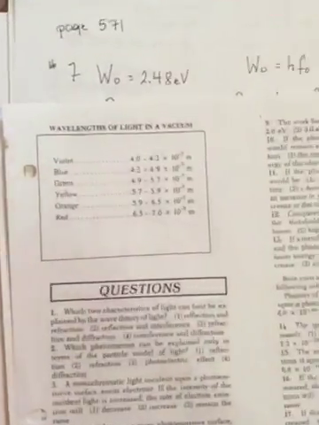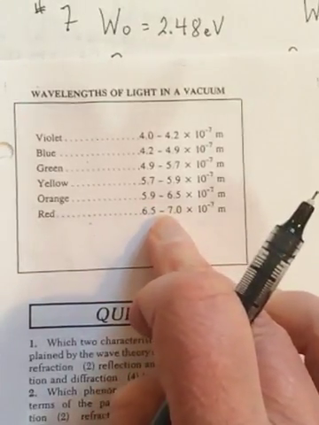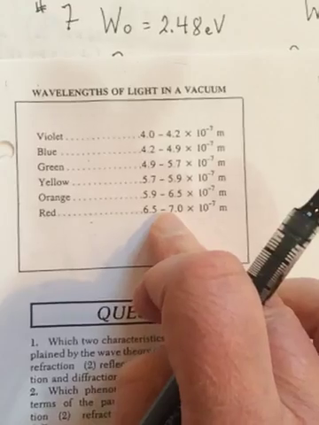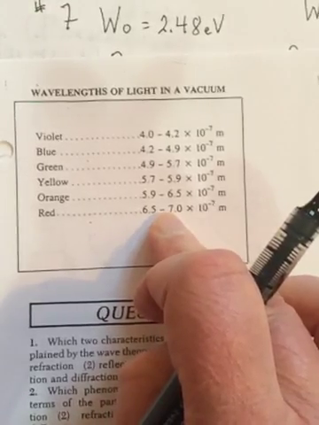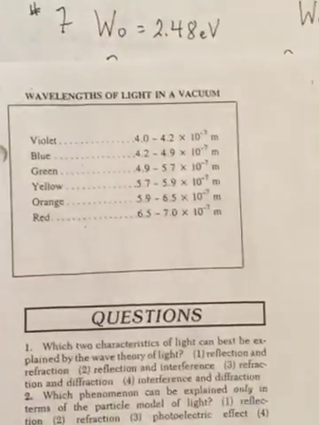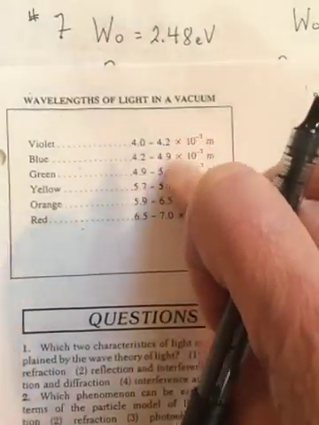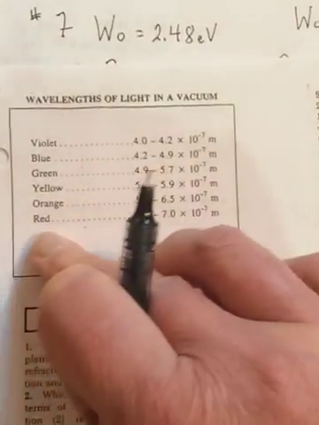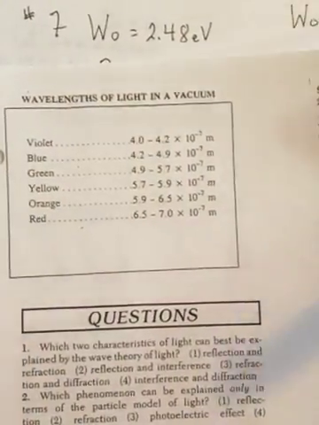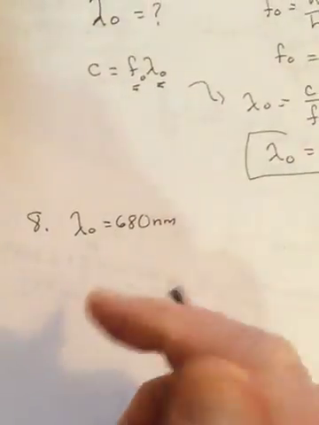Now, if you look at this little frequency or wavelength chart here, red light is the largest visible wavelength. Remember, largest wavelength will be smallest frequency. So red light will have the smallest frequency. In this question, it's saying it's sensitive to red light as well as the other colors. Well, red light has the smallest frequency because it has the largest wavelength, which means all of these others have bigger frequencies. So if f0 is red, then it's going to be sensitive to all the other frequencies because they'll be bigger.